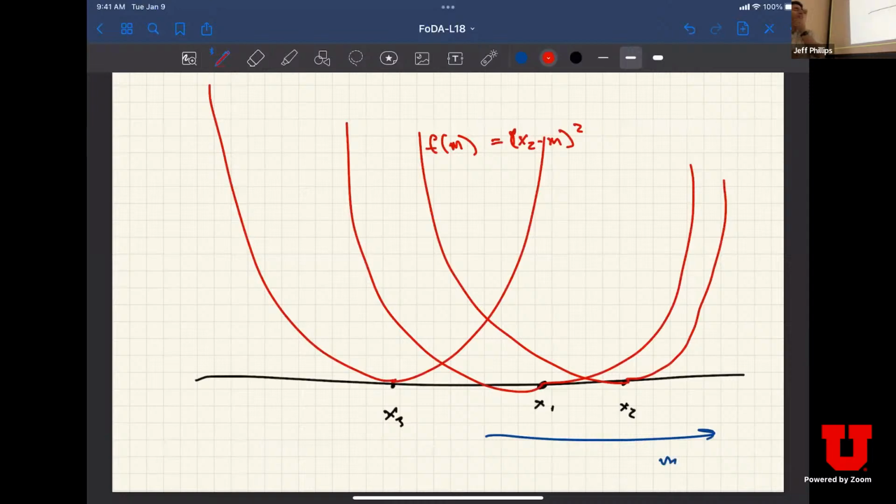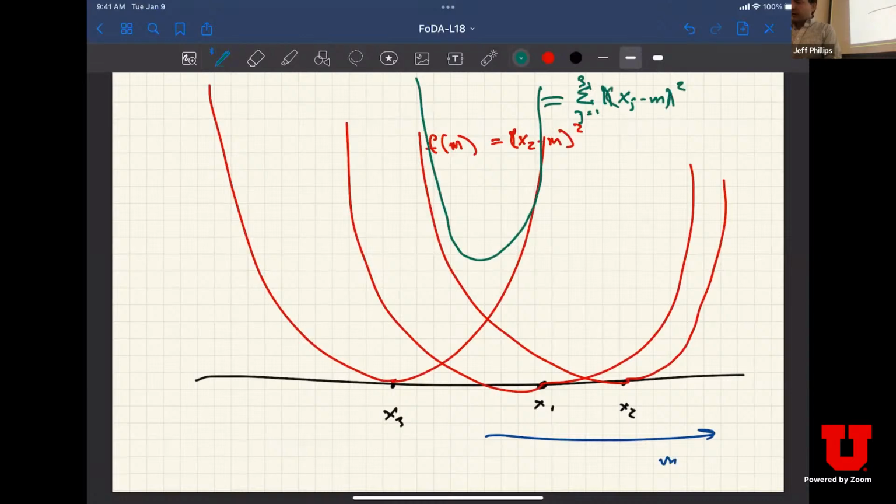And then what we'd like to look at is a function which is the sum from j equals 1 up to 3 of xj minus m, squared. We'll call this f, a function of m.